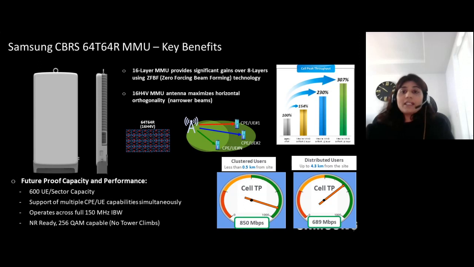It is NR ready and can support 600 UEs per sector. The Samsung Massive MIMO product also supports 16 MU-MIMO layers in downlink, and supports both beamforming and MU-MIMO technologies.